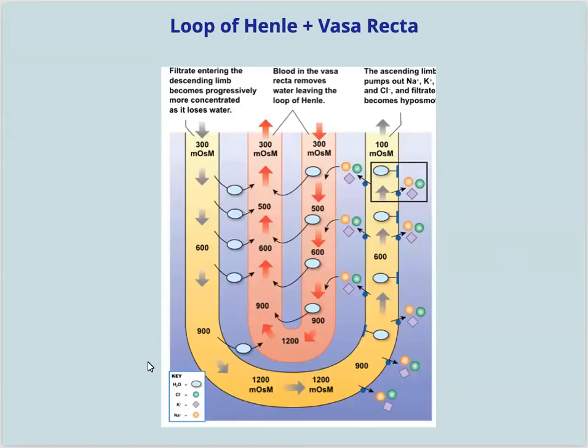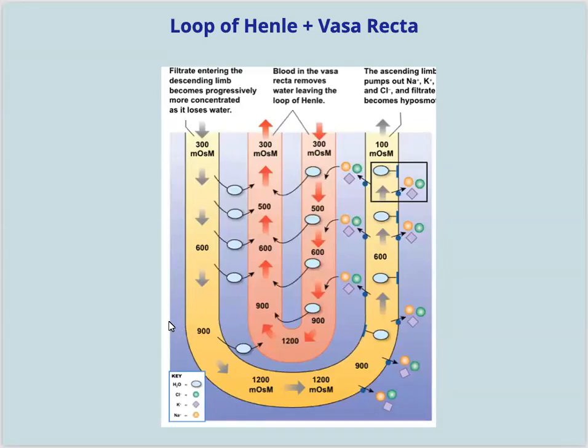And so this is an image that summarizes the concepts that we just discussed. We've got the loop of Henle, where the ascending limb contains NKCC cotransporters that actively pump sodium, chloride, and potassium out of the tubular lumen. And that allows us to establish a salty environment in that medullary interstitium, which is then used to passively reabsorb water through osmosis.